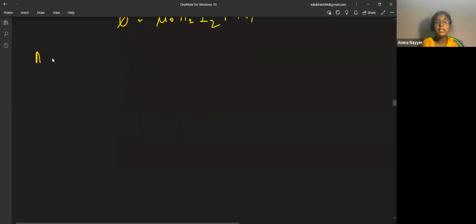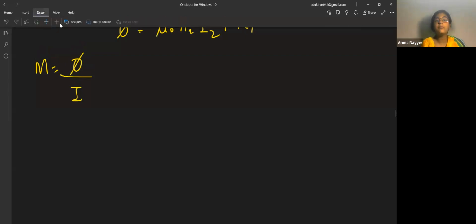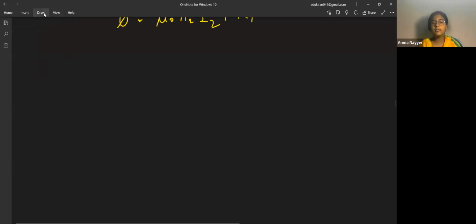Mutual induction is phi divided by current. Phi is equal to Mi. So M will be phi divided by I. In mutual induction also you have to specify which one you are considering, mutual induction of first due to second or second due to first, because both are possible in this. If I consider phi 2, the magnetic field that will be changing, I'll consider of B1.